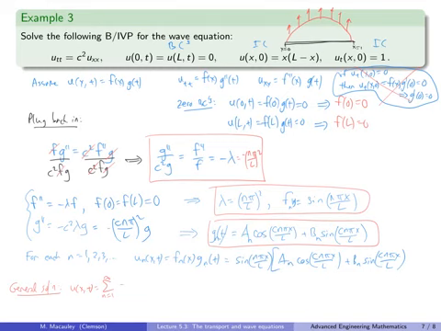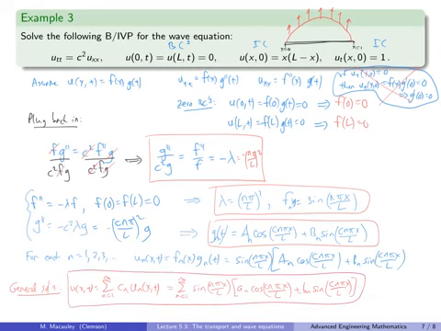I could write this as c_n u_n(x,t), although there's really two constants buried in here, so I think the best way to write this is the sum from n equals 1 to infinity of sine of n pi x over L times, I'm going to make these lowercase just to match what we do with Fourier series, a_n cosine of c n pi t over L plus b_n sine of c n pi t over L. So that is our general solution to this boundary value problem for the wave equation.